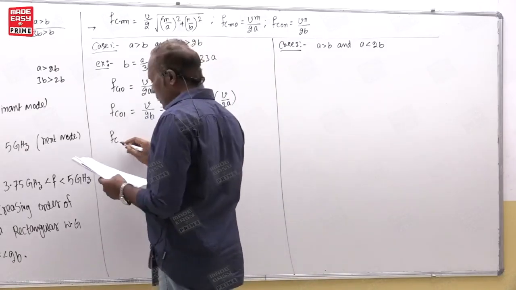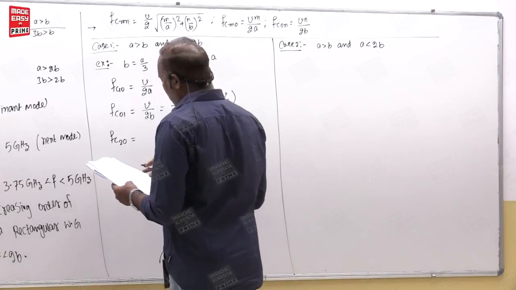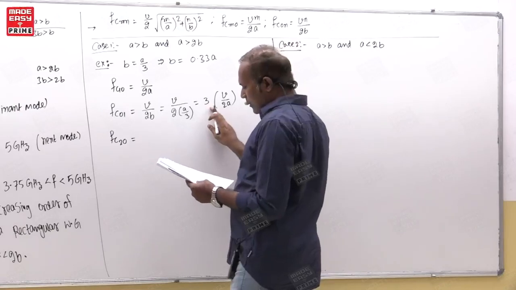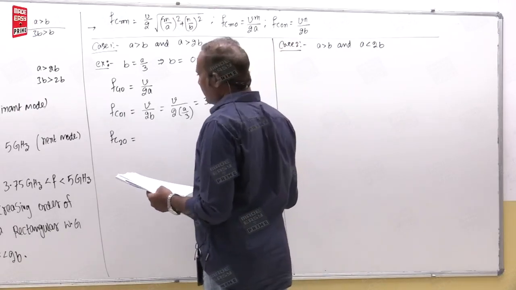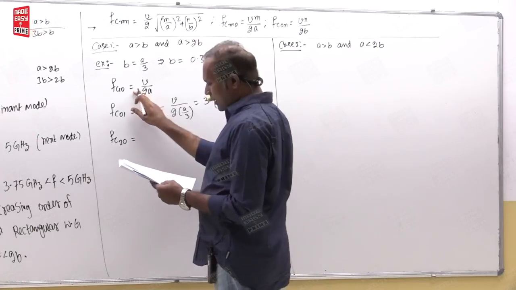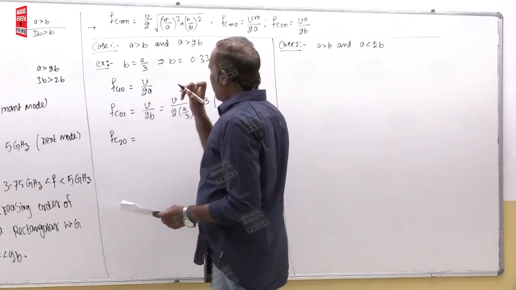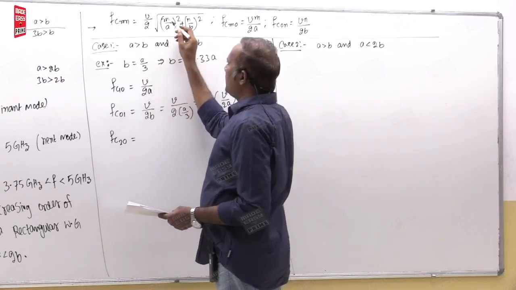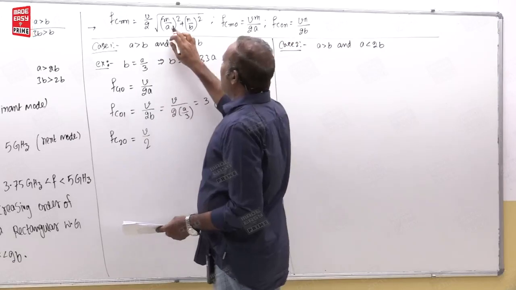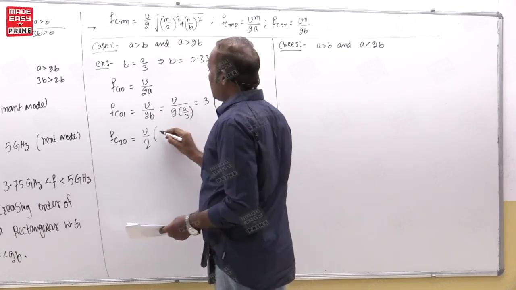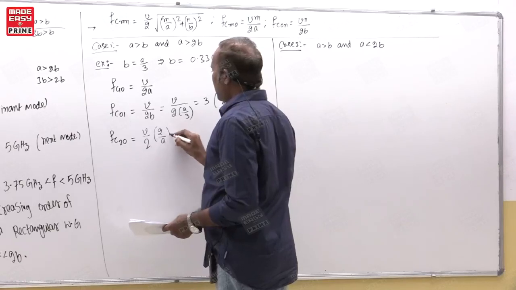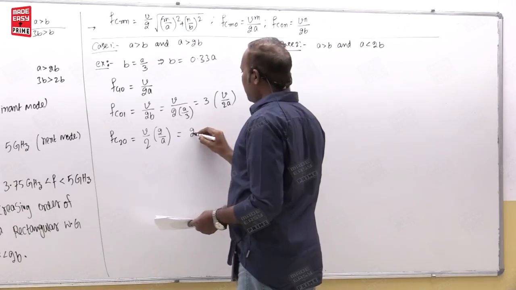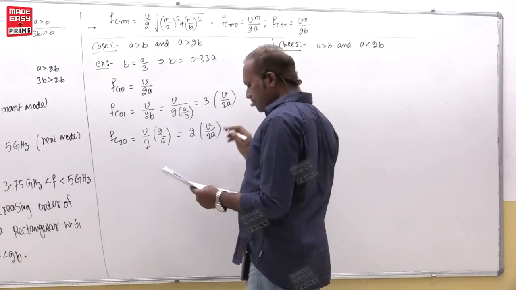Next, FC20. So FC20 means 2 times of this one, that means 6 times of this one. FC20, yeah, FC20 means V by 2, M is equal to 2, this is 0, so 2 by A. Now that becomes 2 times of V by 2A, right?